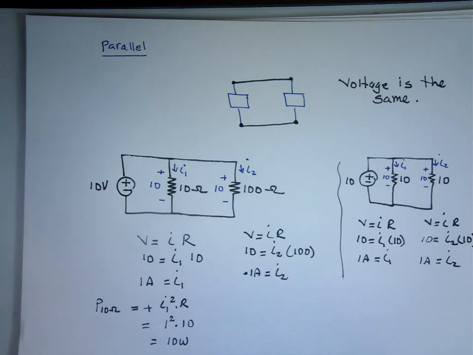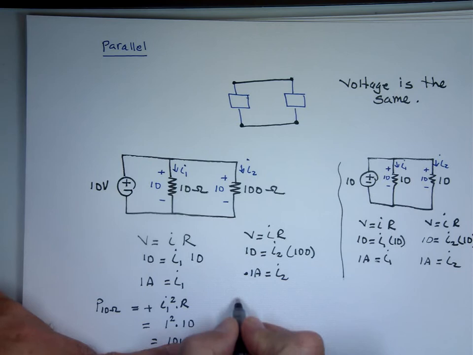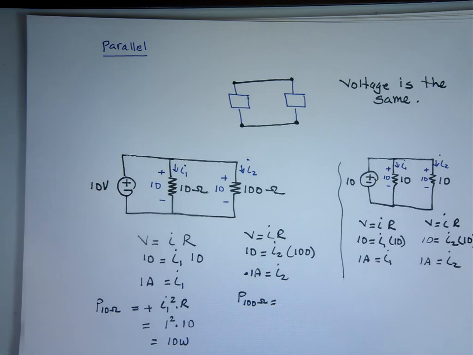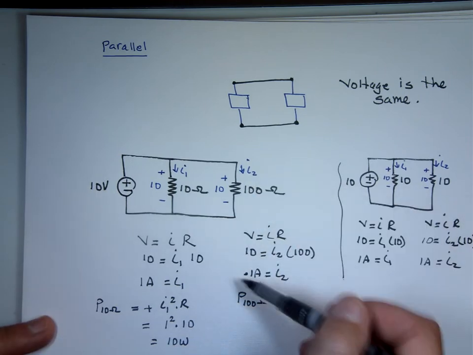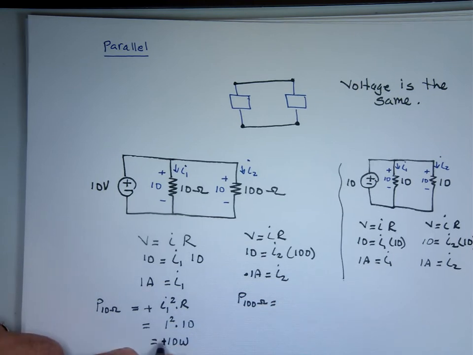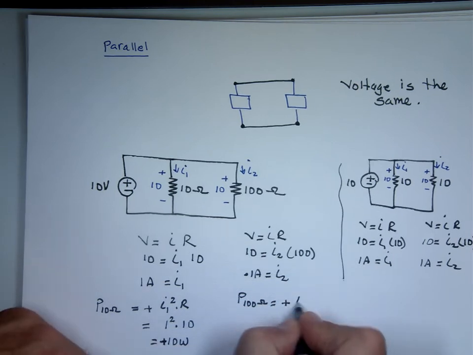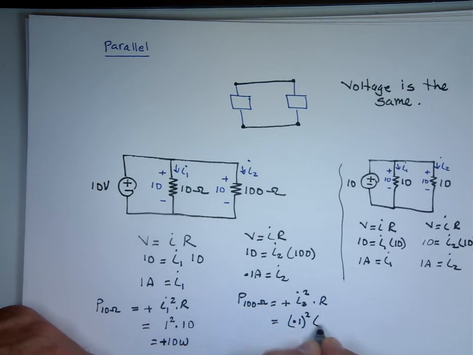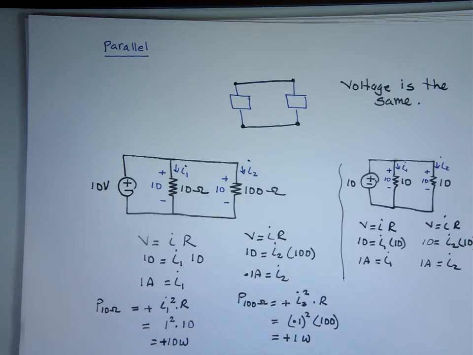What is the power absorbed by the other resistor? Again, I said absorbed because you get positive current. It's 0.1 positive entering the plus. So it's plus I2 squared times R. I2 is 0.1, square it, times 100, and that's what? 1 watt, that's positive. So both of these resistors actually absorb some power.